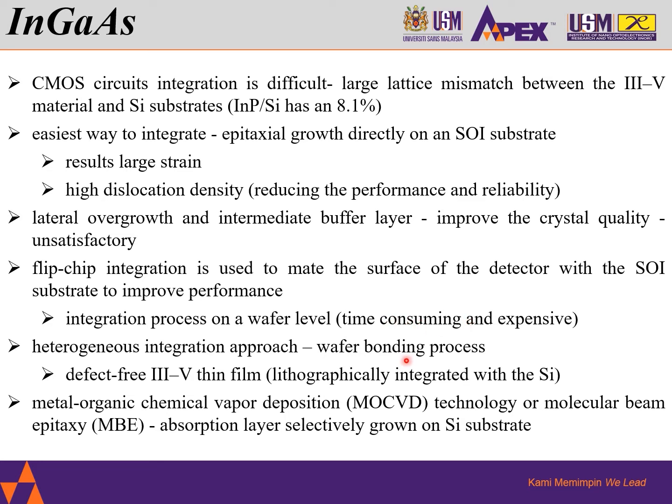Today, a heterogeneous integration approach using a wafer bonding process is commonly adopted to obtain a defect-free III-V thin film that can be lithographically integrated with the silicon substrate itself. With modern metal organic chemical vapor deposition, MOCVD, or molecular beam epitaxy, MBE, the indium gallium arsenide absorption layer can be selectively grown on the silicon substrate.